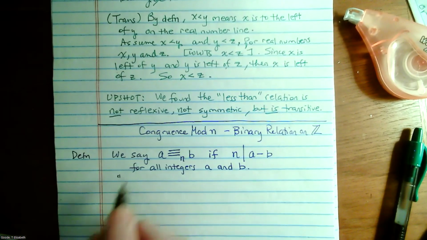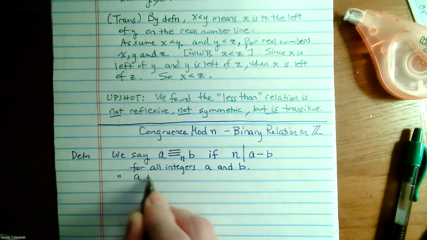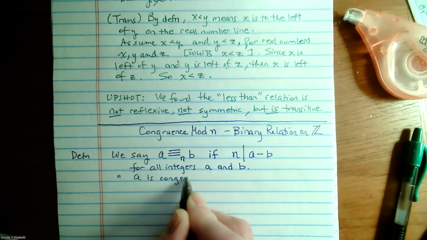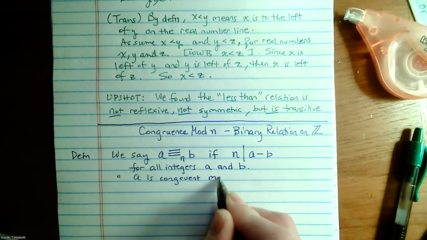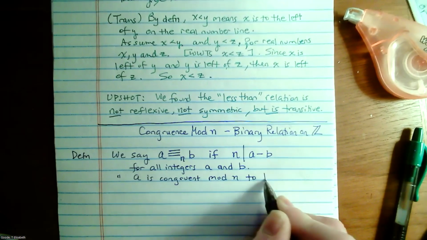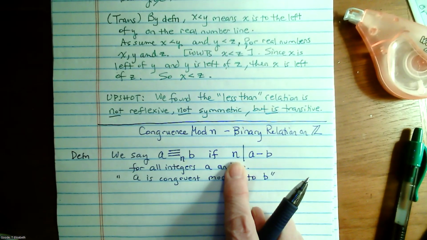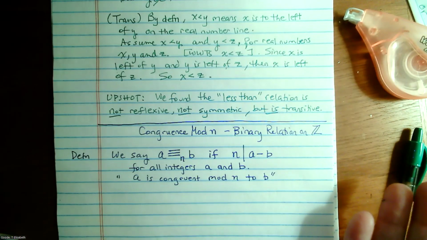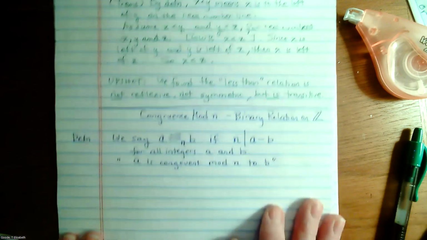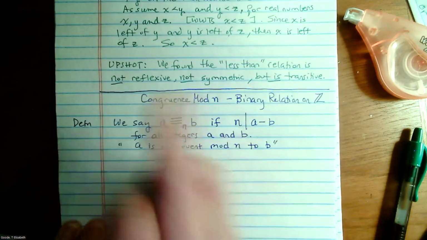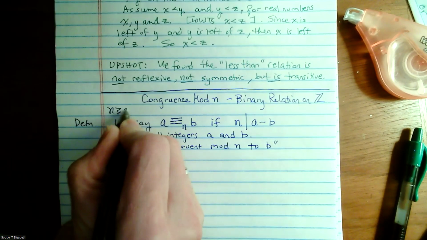So the way we read it is we say A is congruent mod n to B, okay? And you can think of this divisor as being 2 or 3 or 4 or any divisor that's not 0, but we generally play it with n greater than or equal to 2.